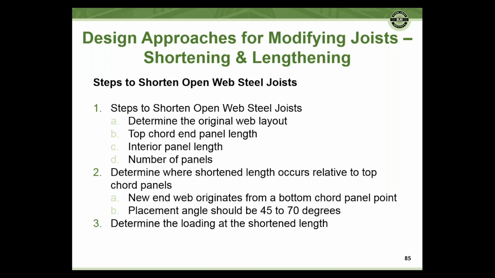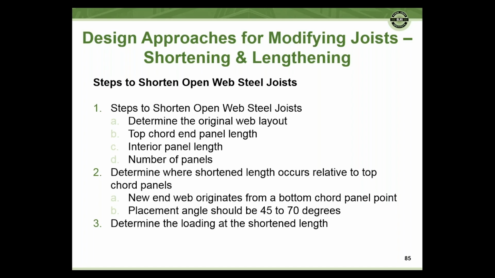If you go less than 45 degrees from vertical, you're going to find it very difficult to get the end web over the seat and develop a working point over the bearing seat. Determine the loading for that shortened length joist.